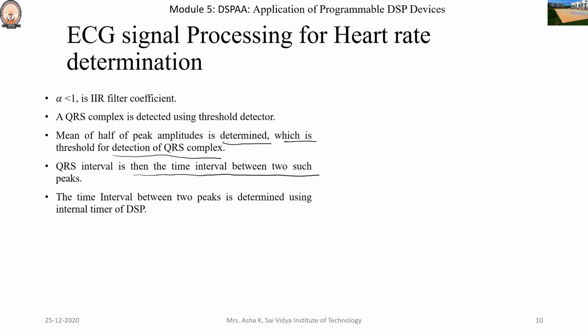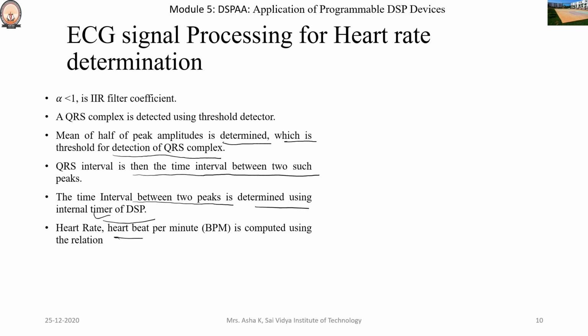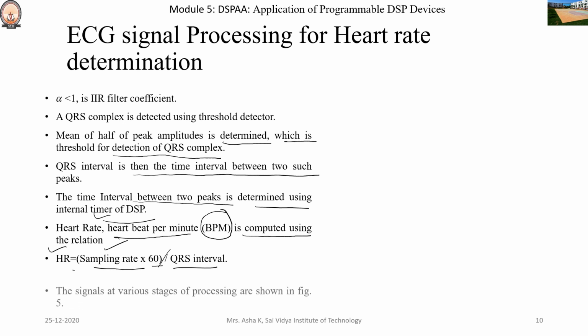The time interval between the two peaks is determined using the internal timer of the DSP. The heart rate, also called heartbeats per minute and represented as BPM, is computed using the relation: heart rate is equal to sampling rate times 60 divided by the QRS interval.